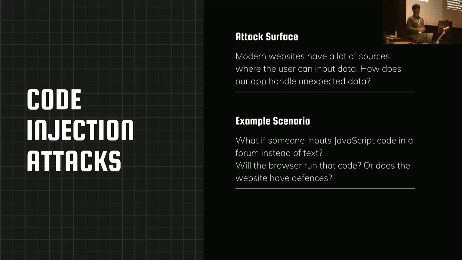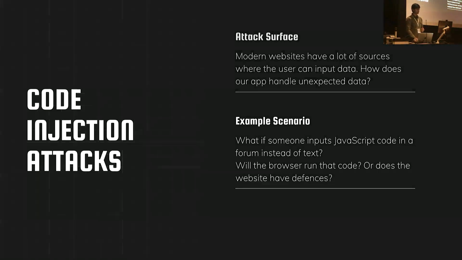Is your application resilient enough to handle that properly? It's not a new sort of issue. That issue has been biting us for a while. And modern web frameworks like React and Angular have some built-in protections against that. But we'll quickly see how to bypass those protections as well.